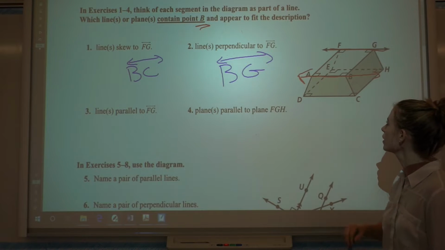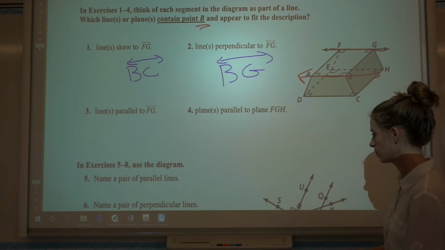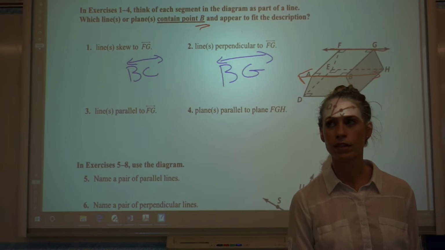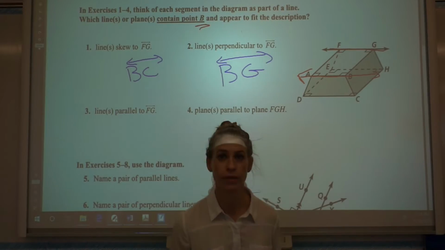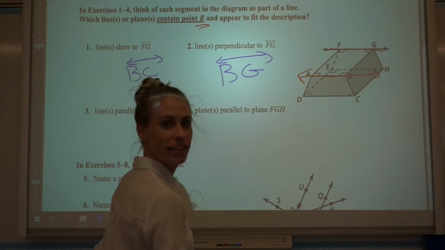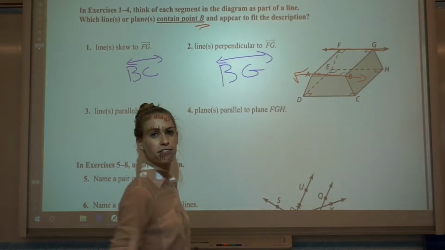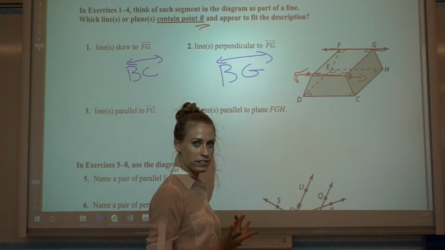If we look at AB, these are still on the same plane. Okay, line AB is parallel to FG. They're on the same plane and they don't intersect.